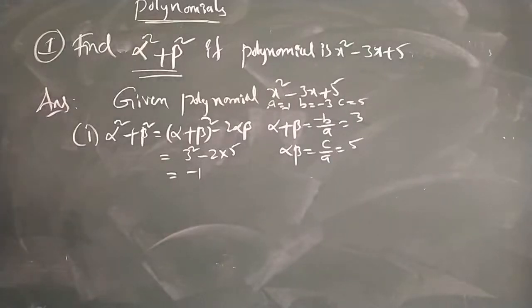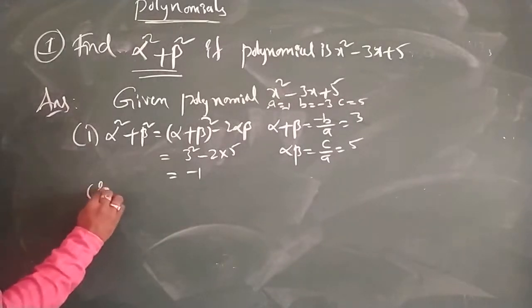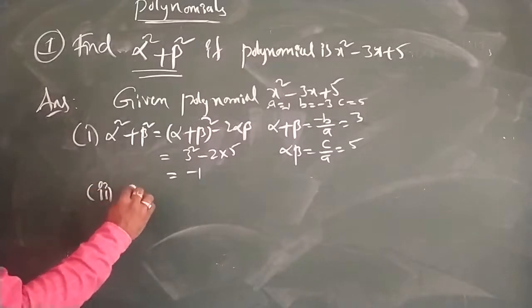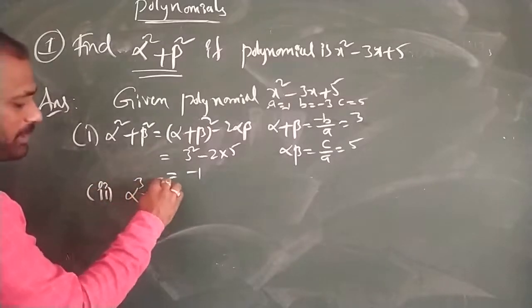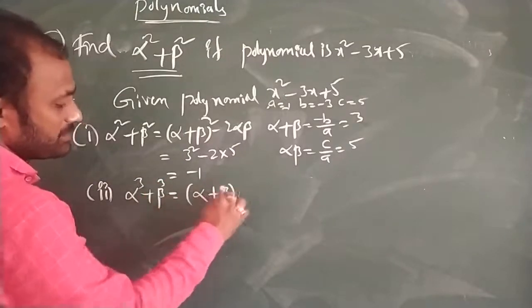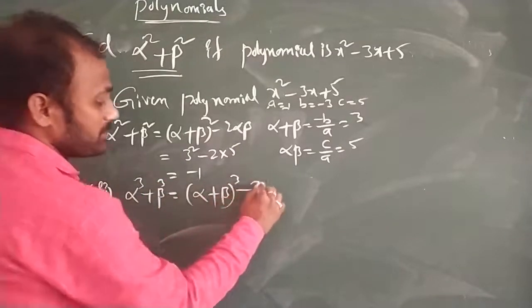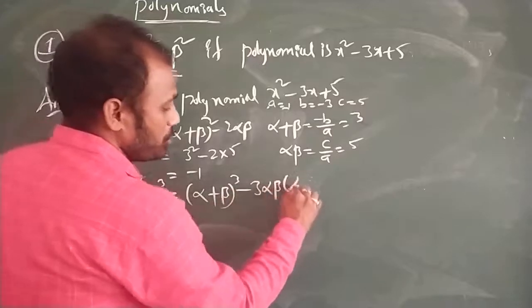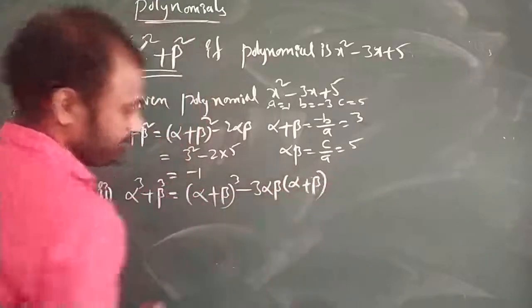Next, let us take another question. If it is alpha cube plus beta cube, a cube plus b cube can be written as a plus b whole cube minus 3ab into a plus b, that is alpha plus beta whole cube minus 3 alpha beta into alpha plus beta.